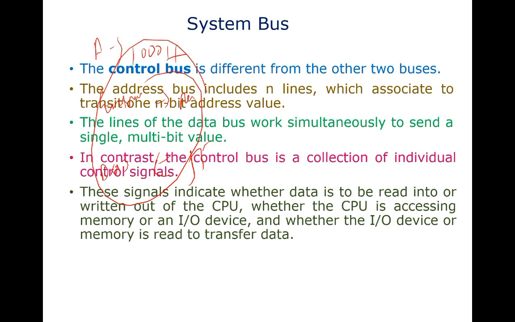The control bus carries the signals required to control and coordinate the operations. If a processor wants to read from memory, it generates a read signal. When it wants to store data, it generates a write signal. Other control signals can be used for interrupt request, acknowledgement, and completion of operations. So the address bus says where, the data bus says what data, and the control bus says what operation needs to be performed.